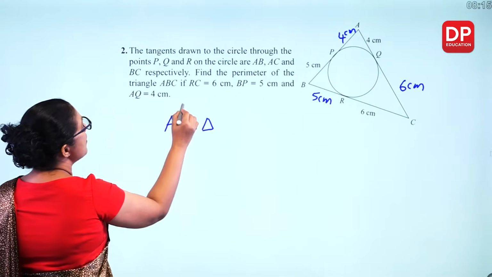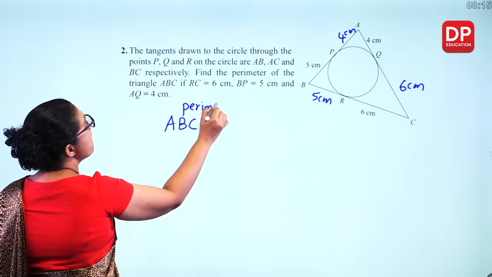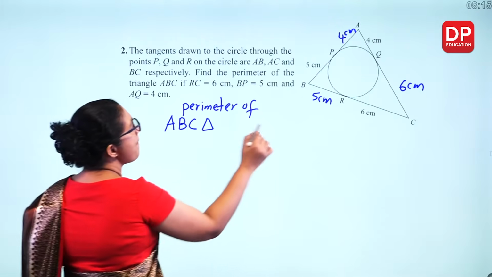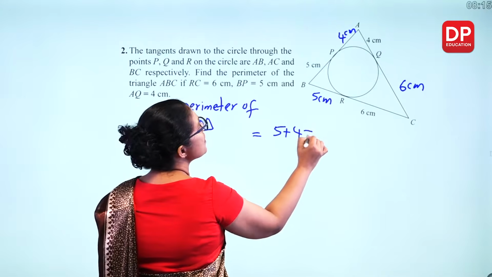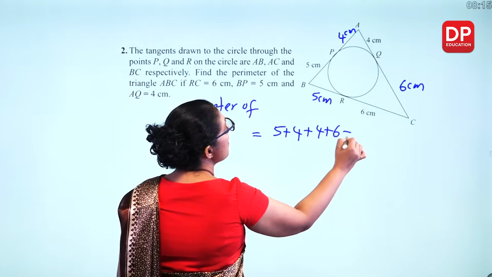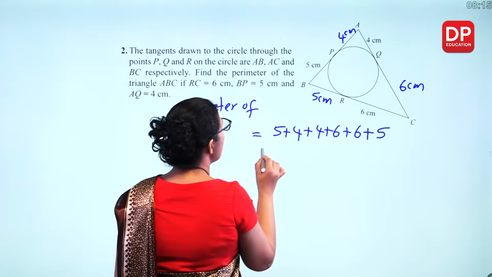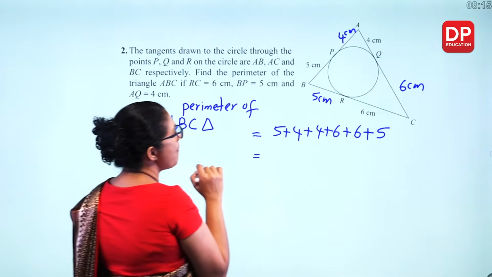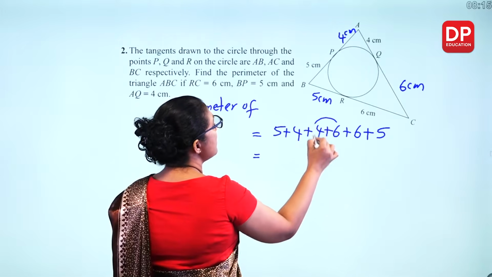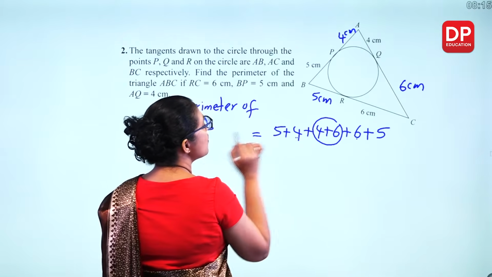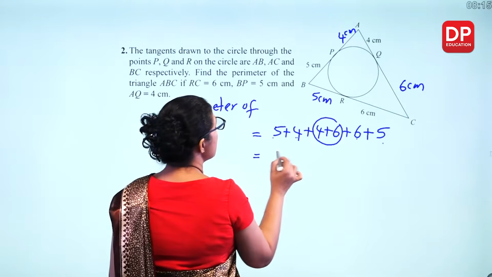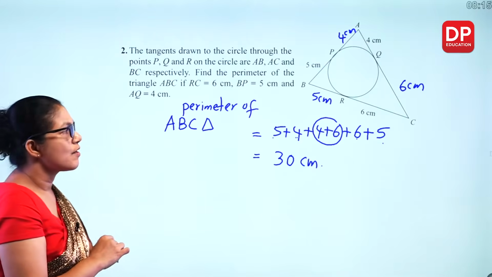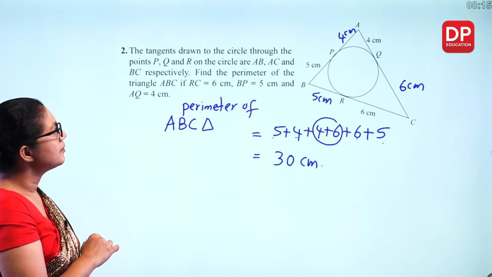Perimeter of ABC is equal to 5 plus 4 plus 4 plus 6 plus 6 plus 5. 10, 10, 20, 30. So 30 centimeters is the perimeter of ABC triangle.